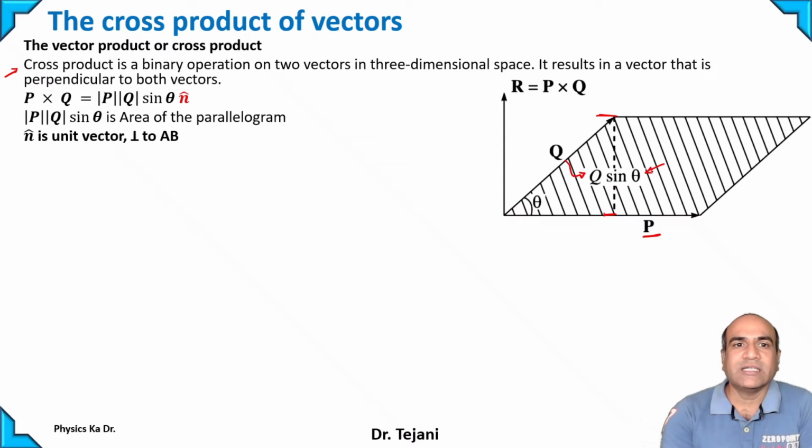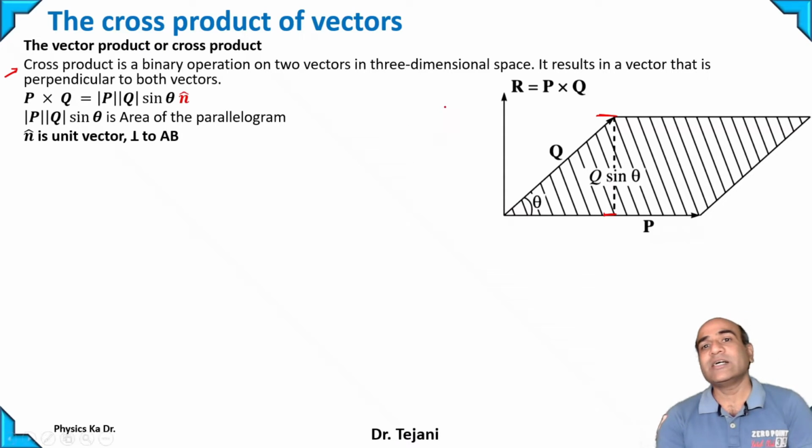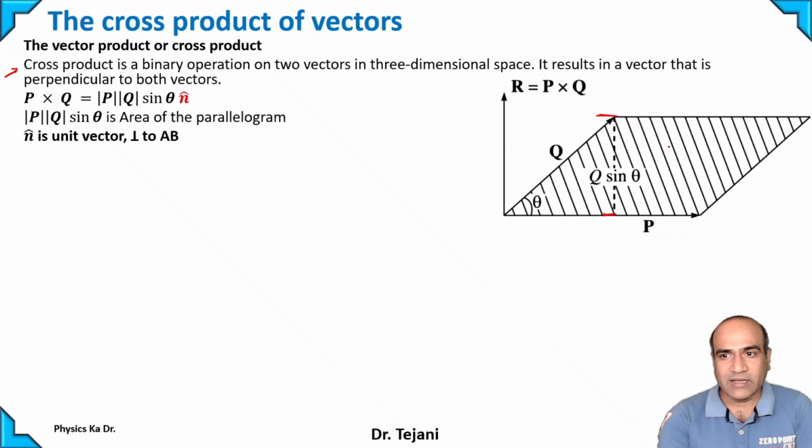We know it's trigonometry, and that's why it creates the entire area for the solution. So it gives us P multiplied by Q sine theta. Mod P, mod Q, sine theta. It is a cross product and it is taking area.